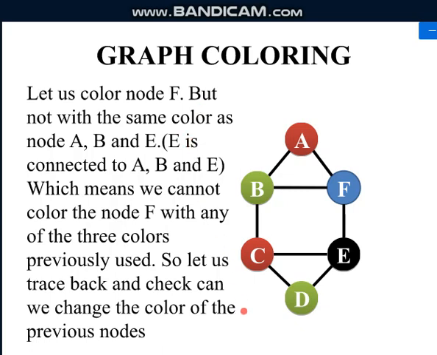So what we do is, we go back to the previous node and try to change the color. The current node was E, we had colored E, and F cannot be colored with red, green and black or orange.